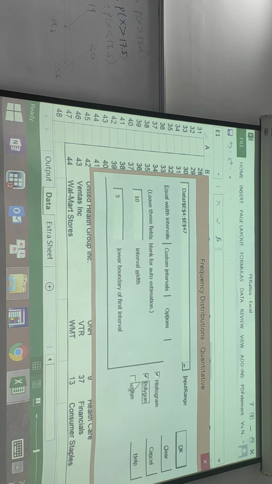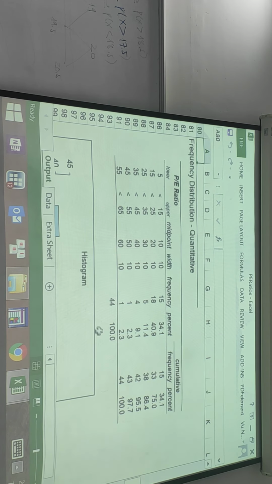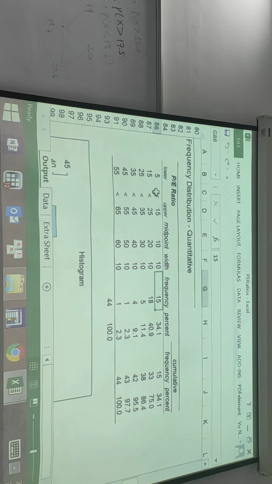And then I can give the polygon. So I have here the left one, 5 under 15, and I have frequency 15, right? I count for 34%. The cumulative, remember the cumulative?